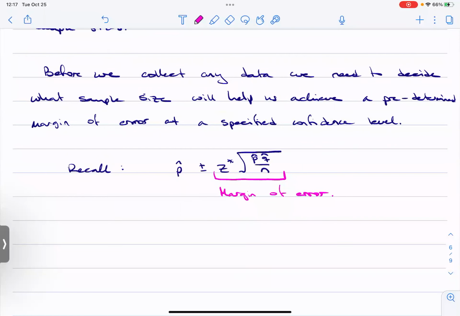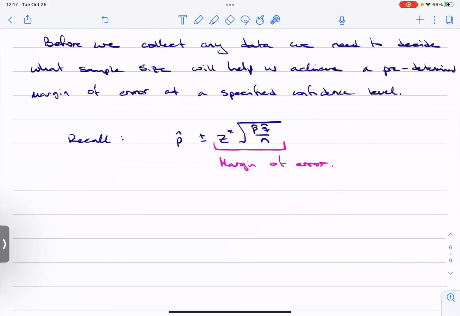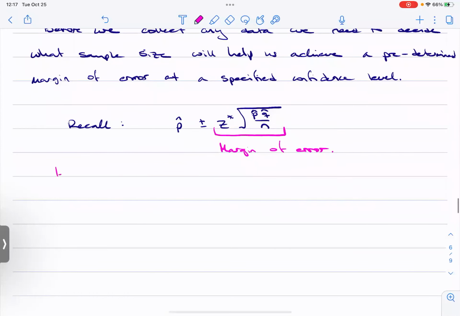First, I'm going to need some notation for the margin of error. I'm going to use a lowercase m. Usually I like ME, but for solving formulas, a single letter is easier. So let m be the margin of error.